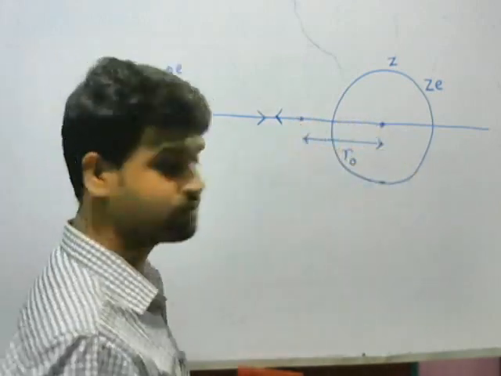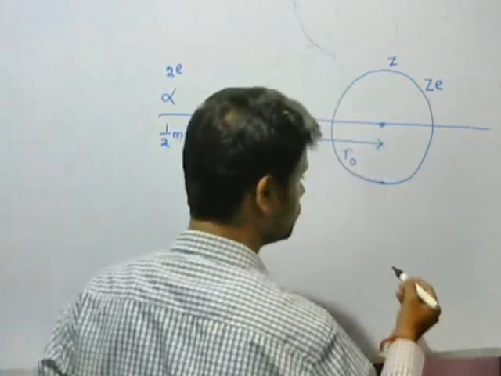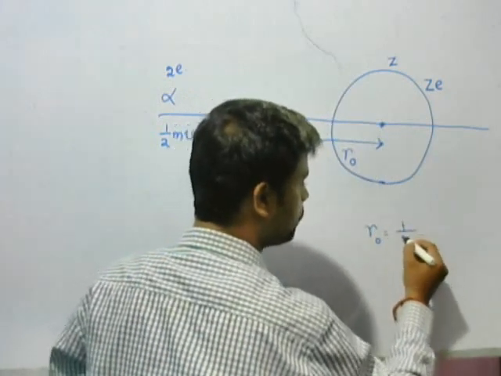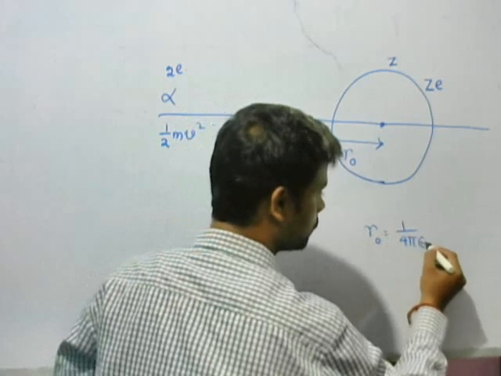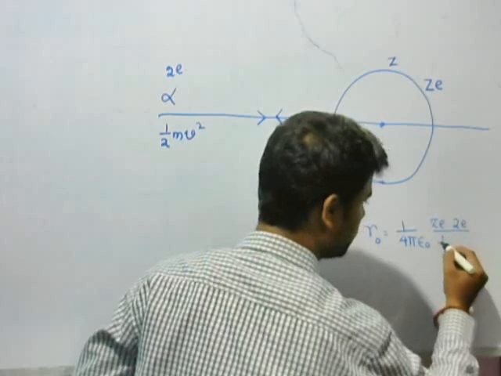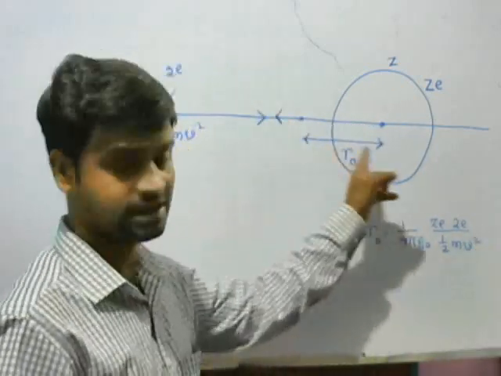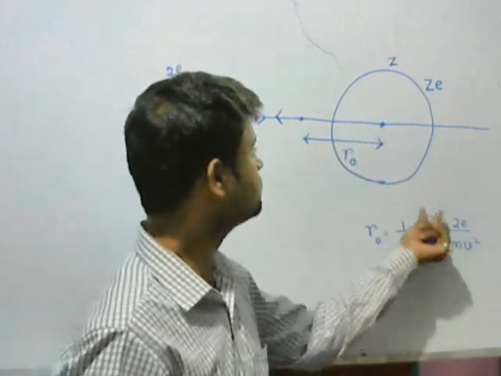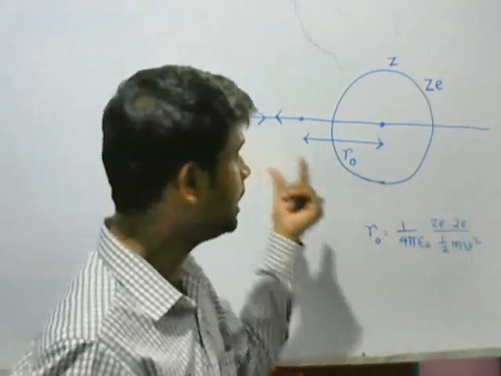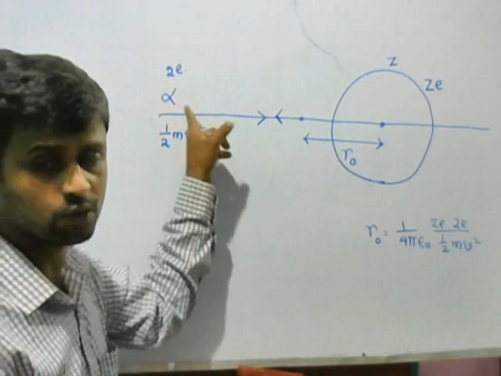And the mathematical expression for distance of closest approach obtained in the previous class was R0 is equal to 1 by 4 pi epsilon 0 into Ze into 2e divided by half mv square. Here R0 is the distance of closest approach, Ze is the charge of the nucleus, 2e is the charge of the alpha particle and half mv square is the initial kinetic energy of the projected alpha particle.